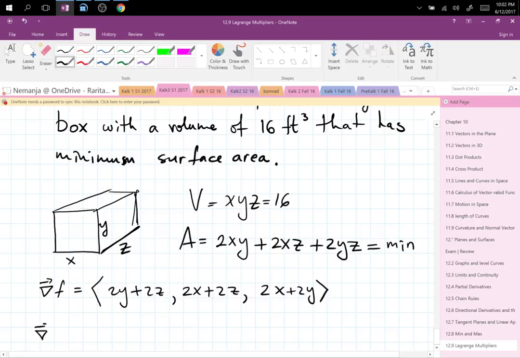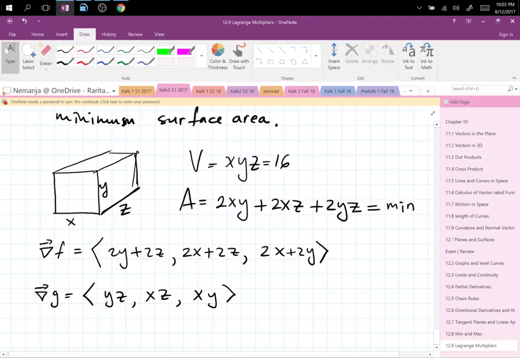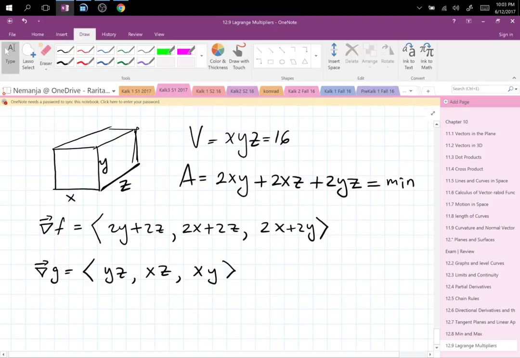And our del g is yz first, and then xz, and then xy. Constraint is v, which is g.